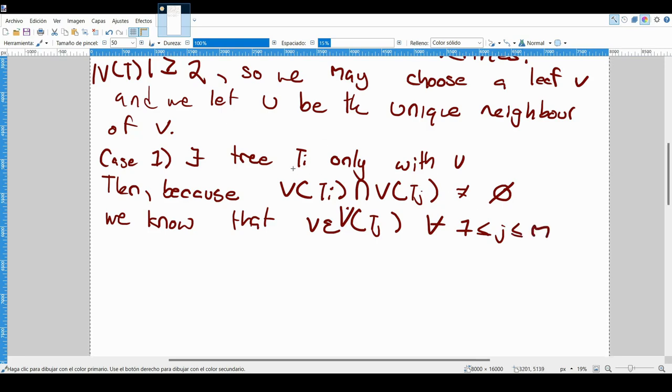So if there's a tree that only has one vertex, that vertex will be common amongst all of them because all of the other trees combined with Ti must have some sort of vertex in common.